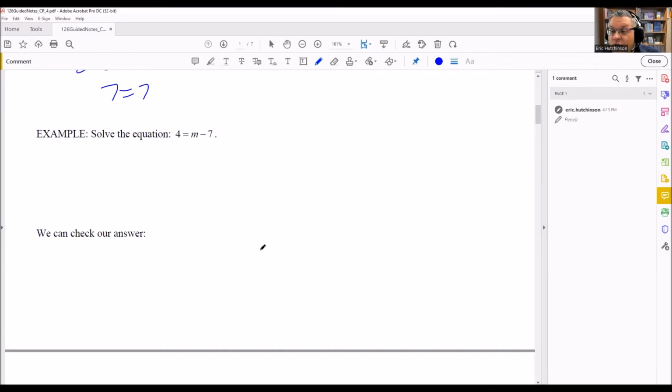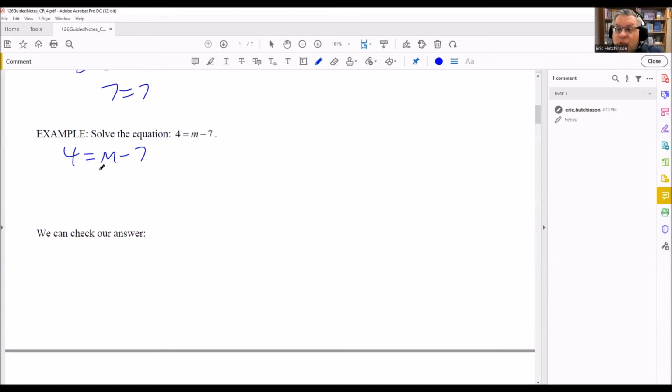All right, so next one we'll solve this one and do a check on this as well. Typically you want to put the variable on the left-hand side of the equation, but you don't always have to do that. So let me show you this way. This one is a little bit different because we have the variable on the right-hand side, but still we want to get this m isolated.